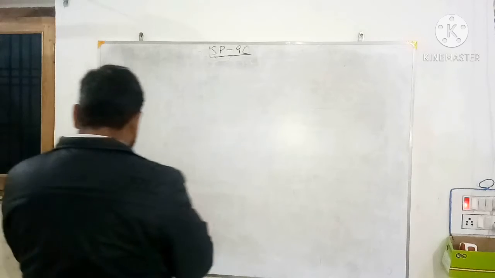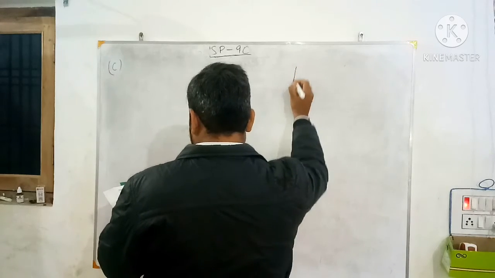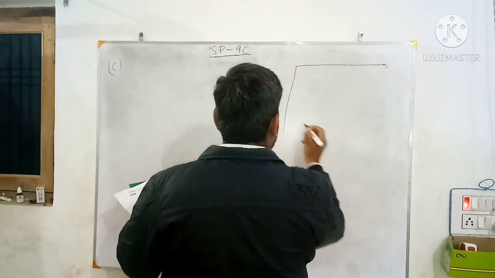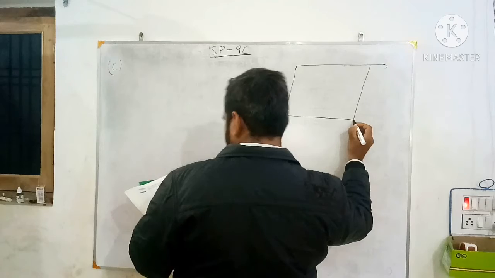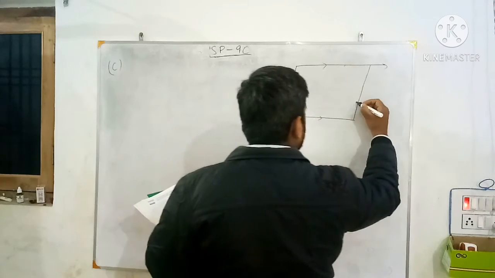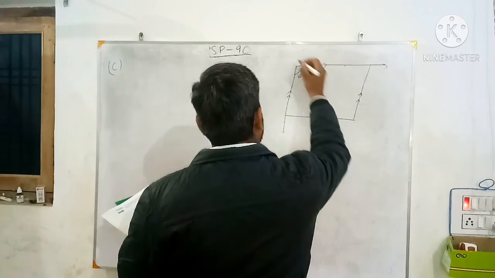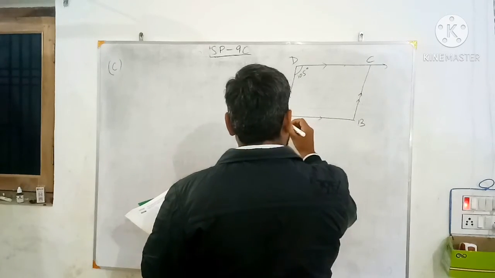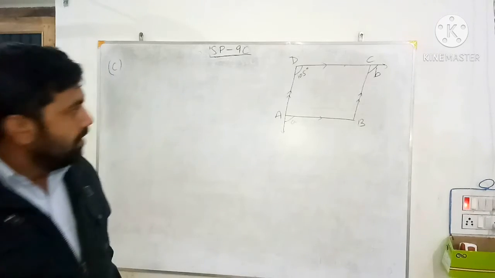Now let's see question number C. Now in this you can see this is a parallelogram.